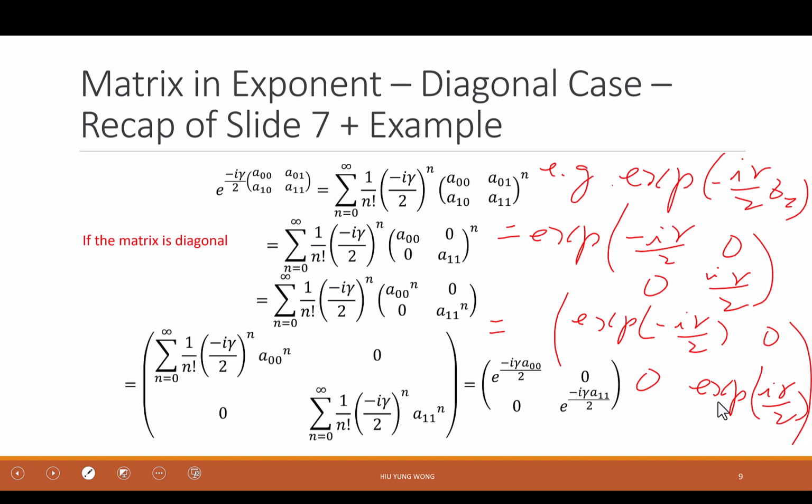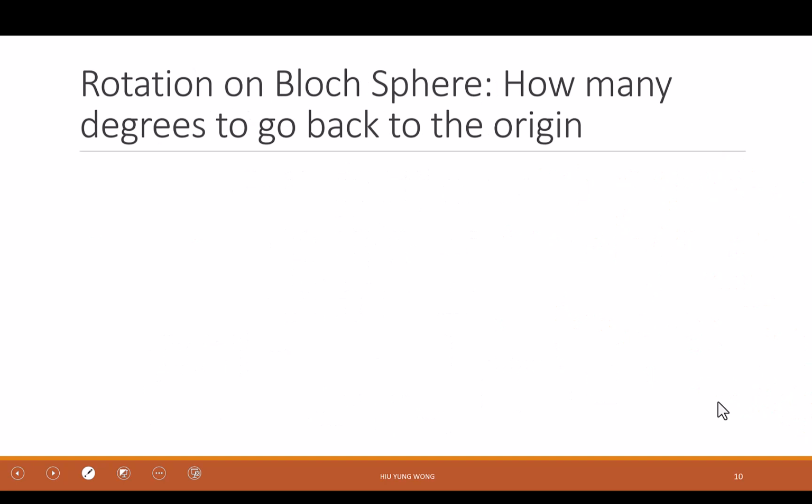Why do we want to learn this, right? Okay. So this one, actually I already discussed this. How many degrees do you need to rotate to go back to the origin? Let's just look at this one. Exponential minus i gamma divided by 2 n dot sigma. Okay.